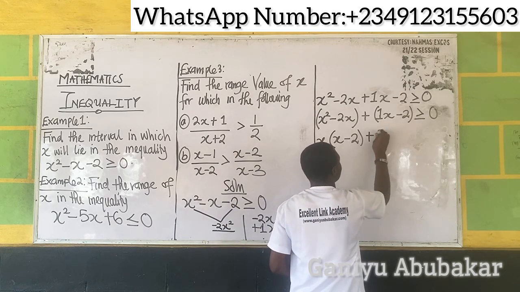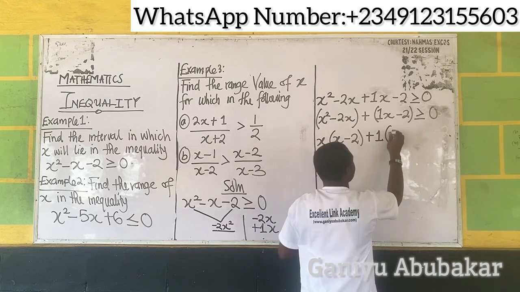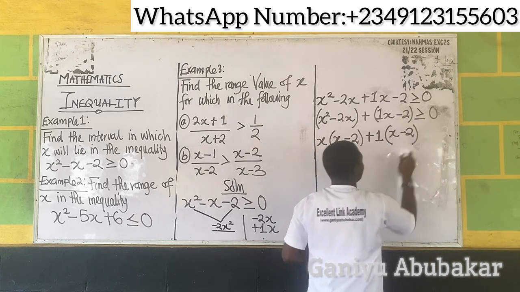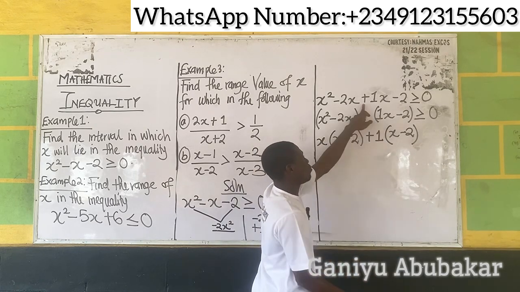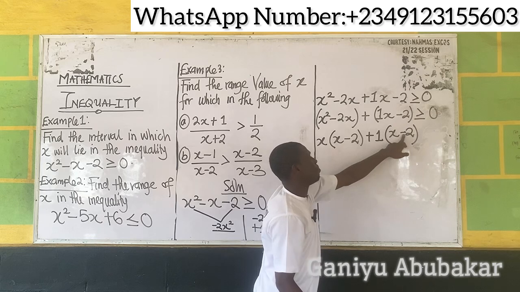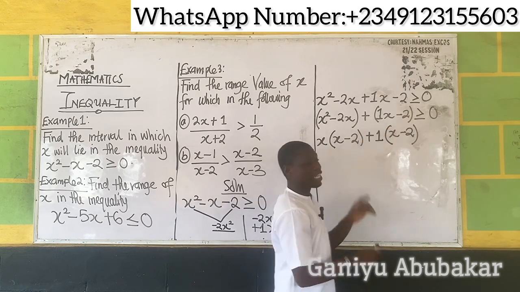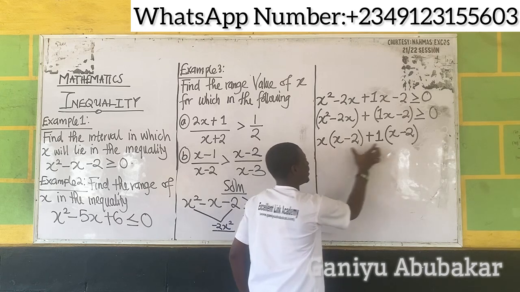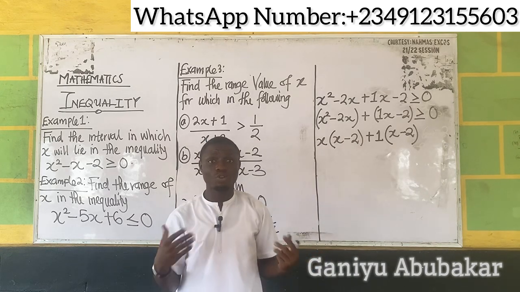Plus, what's common here? Of course, 1. The same thing must repeat itself here: x minus 2. Observe that plus 1 times x gives plus 1x, plus times minus gives minus, and 1 times 2 gives 2. We expect that the term in the bracket and the term in the bracket here must be the same. If they are different, your answer is not correct.